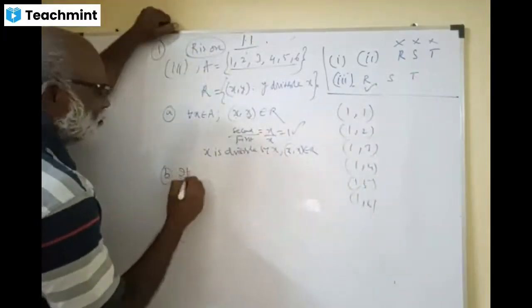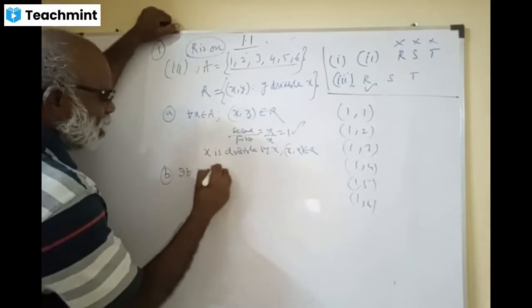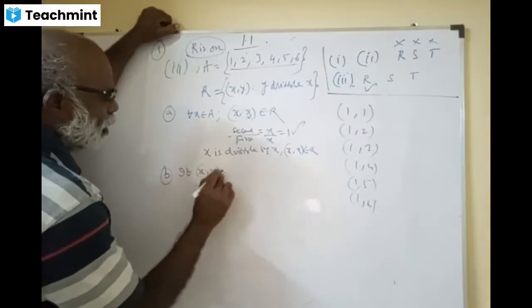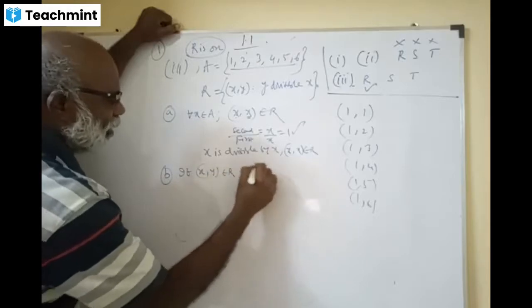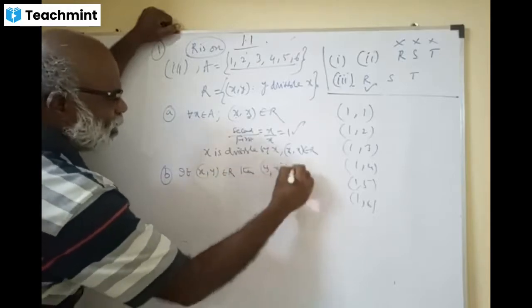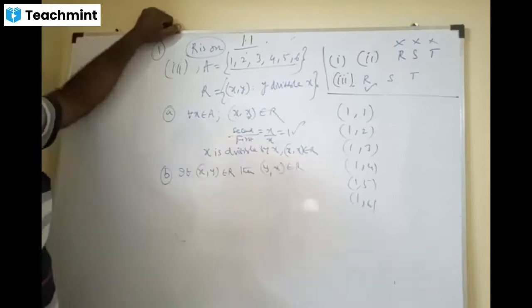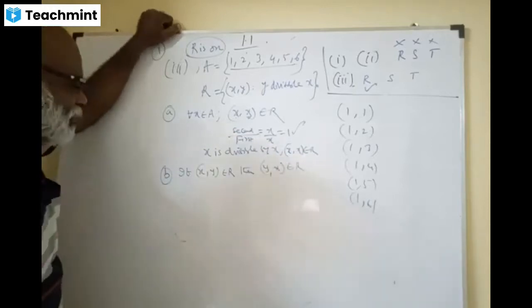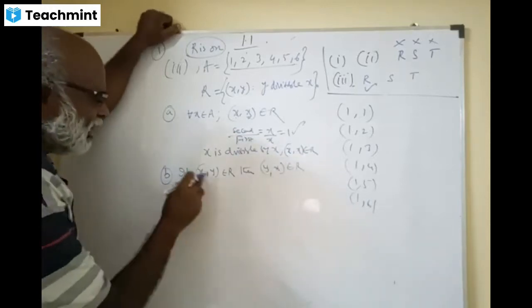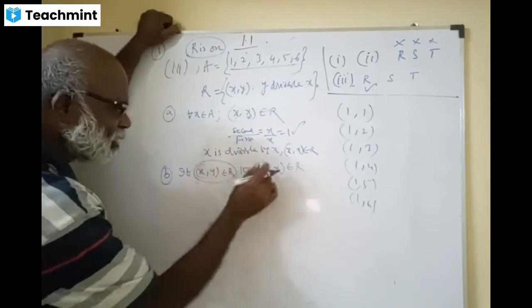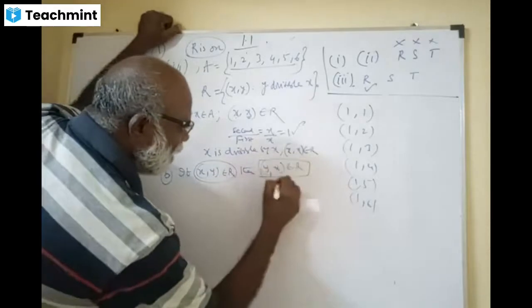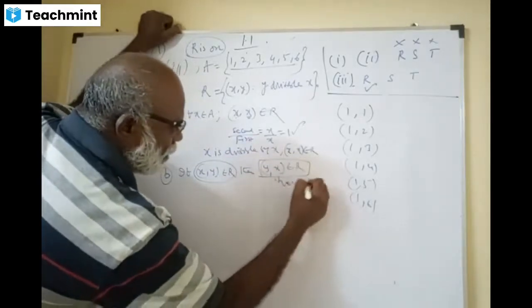If (x, y) belongs to R, then (y, x) belongs to R. You have to verify this. This is given.